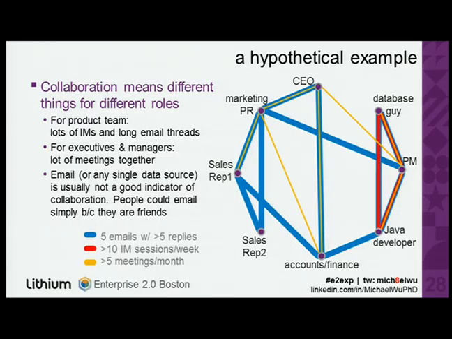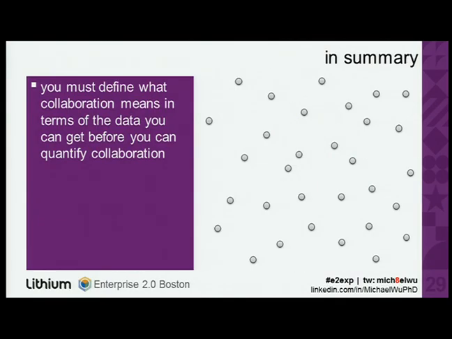And so what I want to say is that email or any single data source is usually a poor indicator of collaboration, right? I may email you a lot because I'm your friend, right? But if you have several or many of these criteria collectively together, just like the influence graph that we built, then we could infer collaboration pretty well, right? So in summary, you must define what collaboration means, right?